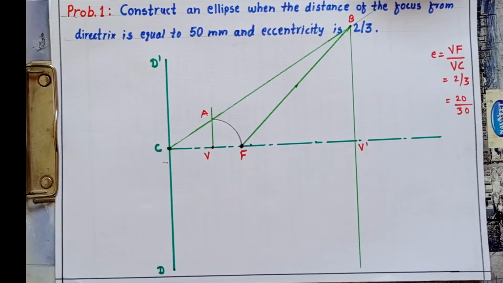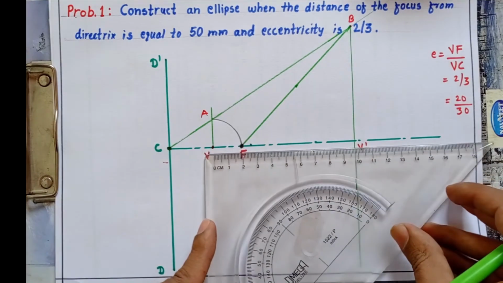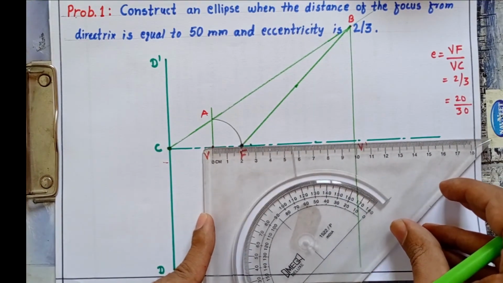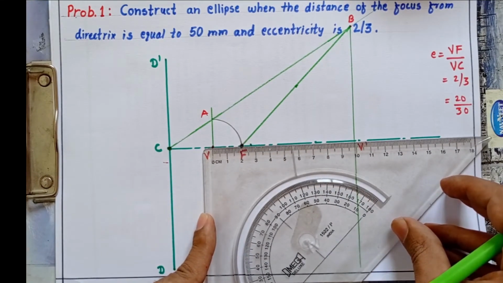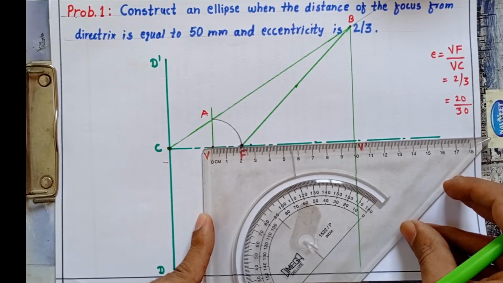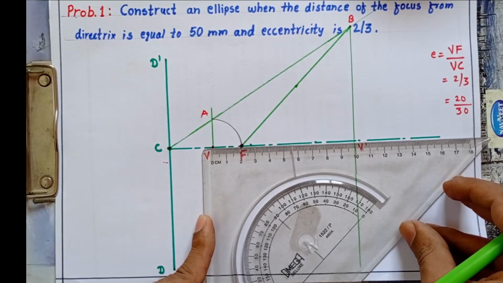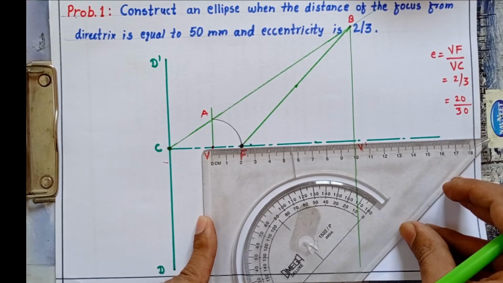Okay, now from point V to V dash we simply measure the distance, and it is found to be about 99 mm. We have to divide this overall dimension into 10 or 12 equal parts. You may divide it randomly, just marking the points 1 to 12 or 1 to 10.